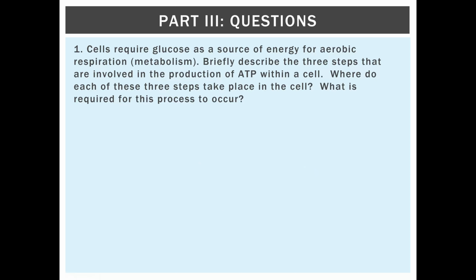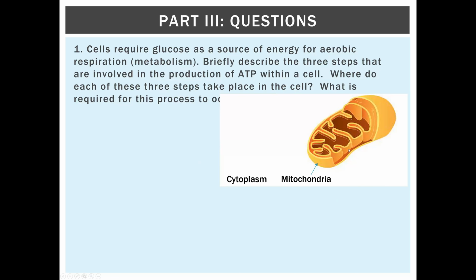So number one, cells require glucose as a source of energy for aerobic respiration, also called metabolism. Briefly describe the 3 steps that are involved in the production of ATP within a cell. Where do each of these 3 steps take place in the cell, and what is required for this process to occur? So I'm going to put up a little diagram here.